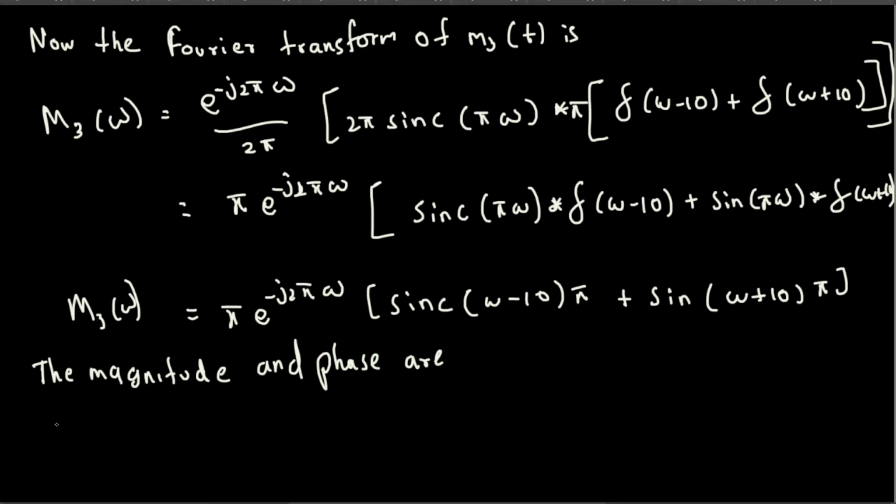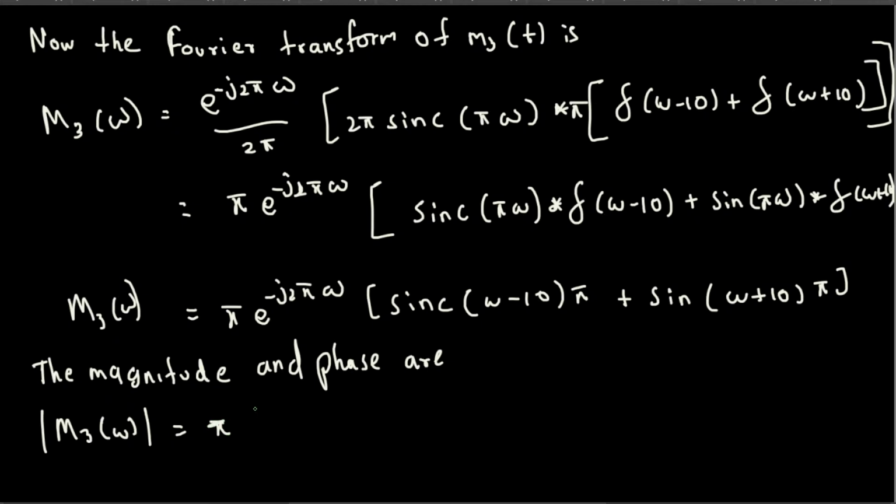The magnitude is going to be the absolute value of M3(ω). When we take the absolute value, the shift goes away. The shift is e^(−j2πω), that will be gone, and whatever else is left remains.